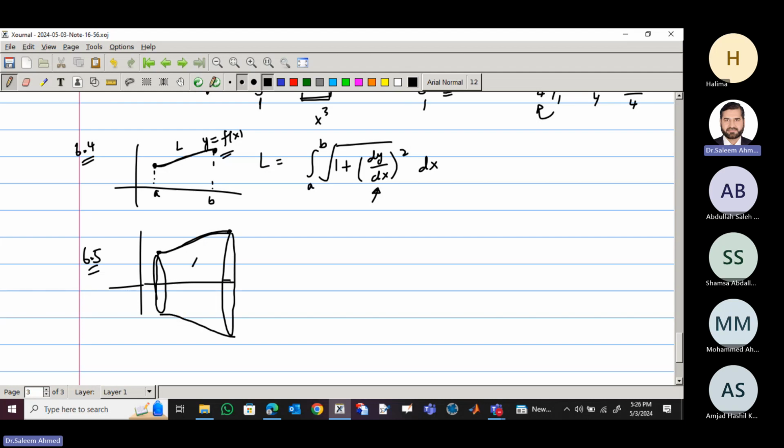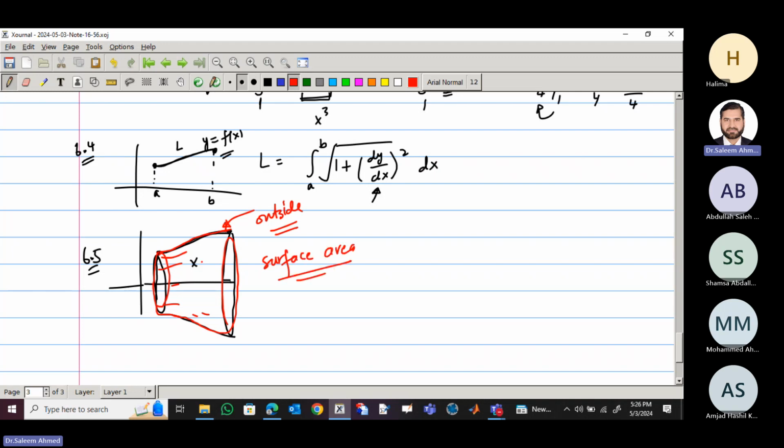If I do not include the inside, I am only taking this outside thing. This curve will only give me the outside of this solid, only the outside region. Outside surface area, only the outside thing, right? So that is called the surface area.